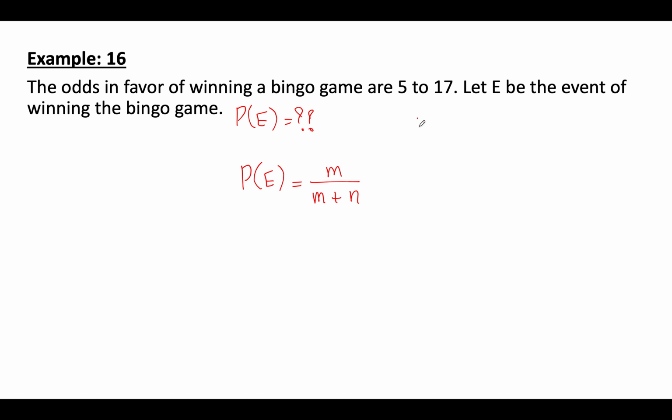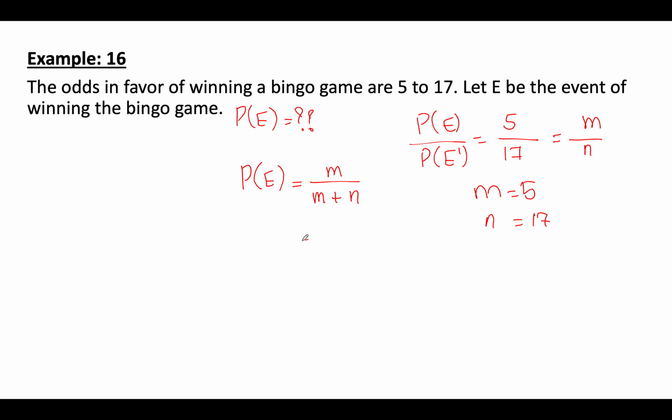What is N? From the theorem, the odds, the probability of E over the probability of E complement, is equal to 5 over 17, which is equal to M over N, right? Yes. Then M is equal to 5 and N is equal to 17.